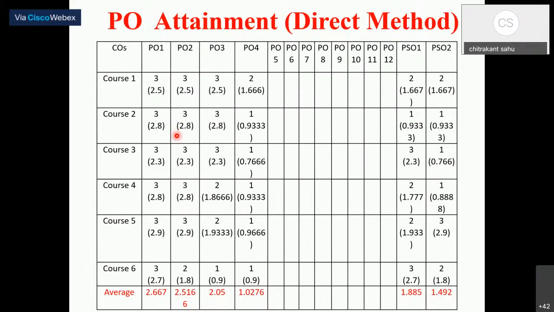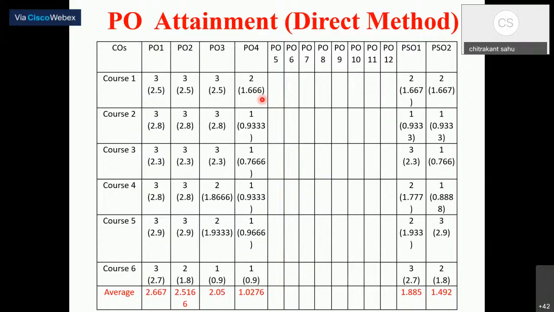I'll show how it can be done in terms of a matrix. We have listed down the various courses of a BTech program, and we have listed down the program outcomes as well as program specific outcomes. Here the numbers mentioned are nothing but the mapping levels, and the number in brackets is the attainment calculated as per the process of CO attainment, then CO-PO mapping and then PO attainment.